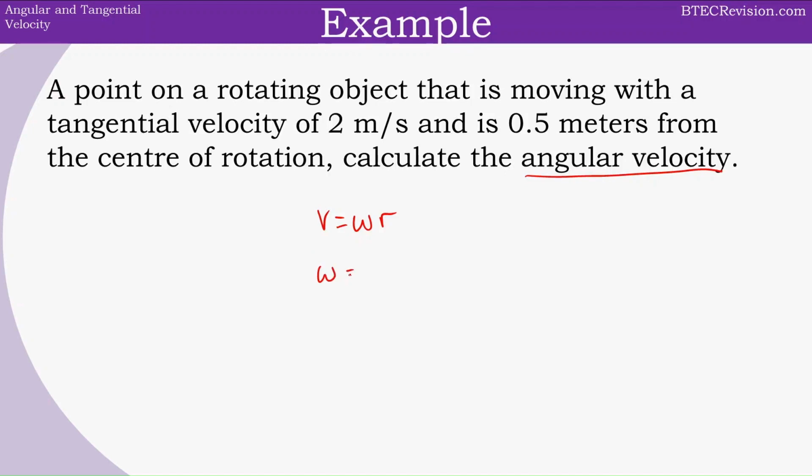That's omega equals v over r if you rearrange the equation. Tangential velocity is 2, and the radius is 0.5, because it's saying 0.5 meters from the center. That will give us a value of 4 radians per second.